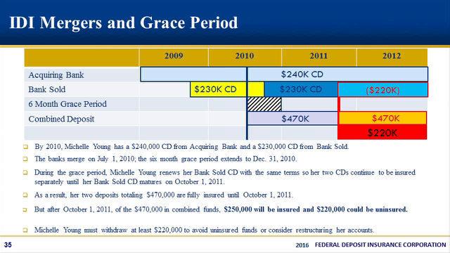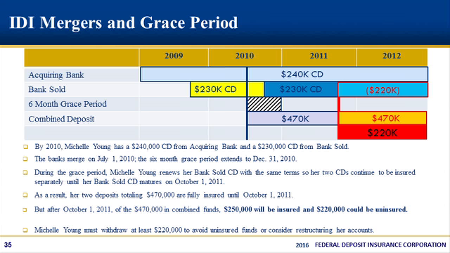As we discussed on the previous slide, Michelle's combined deposit of $470,000 is fully insured until October 1st, 2011. However, once her bank-sold CD matures on October 1st, 2011, there is a potential for uninsured funds. After October 1st, 2011, the deposits will not be separately insured.